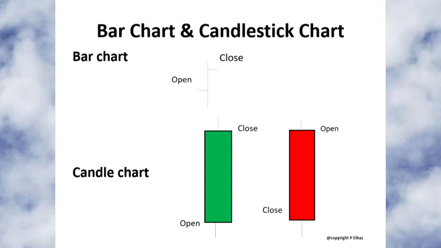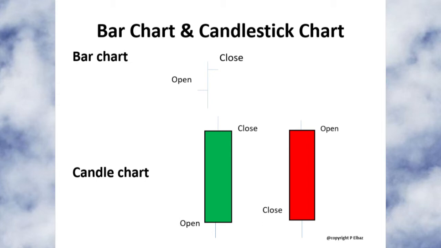Now if you look at the bar chart at the top and the candle underneath it, you can see quite clearly it's more visual. So what we have is the body of the candle. What a body does is the difference between the open and close. And that's why it's called a candlestick. It looks like a candlestick. And then you see the upper and lower shadows, which show you the high and the low.